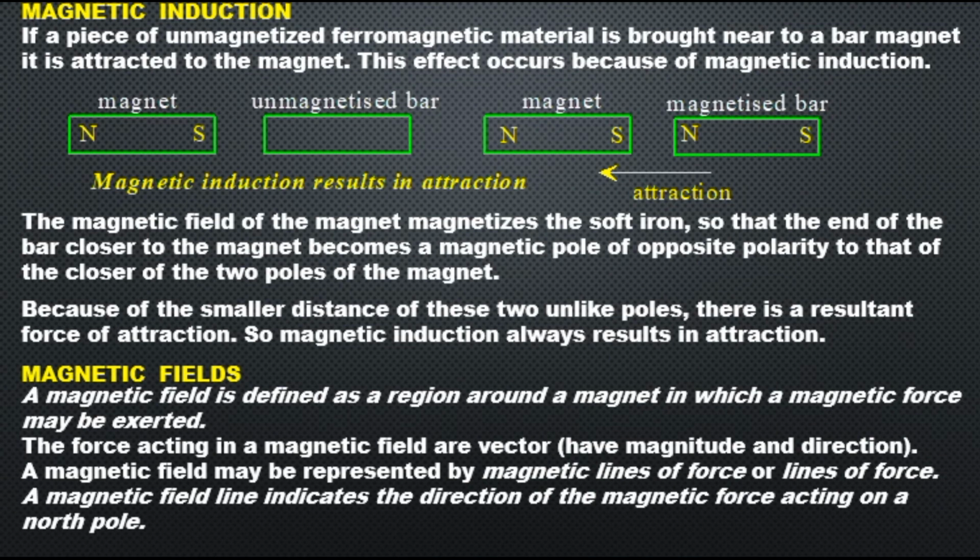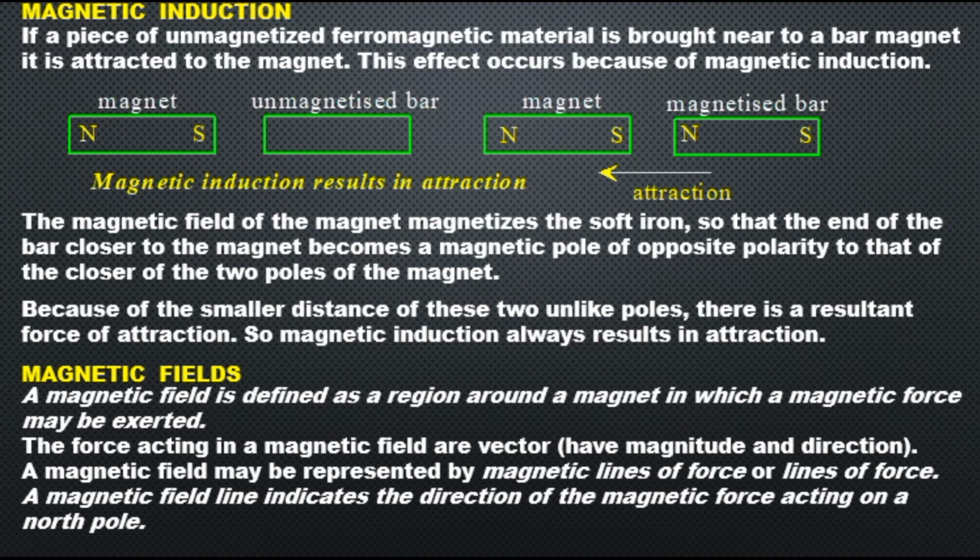Magnetic induction: if a piece of unmagnetized ferromagnetic material is brought near to a bar magnet, it is attracted to the magnet. This effect occurs because of magnetic induction.